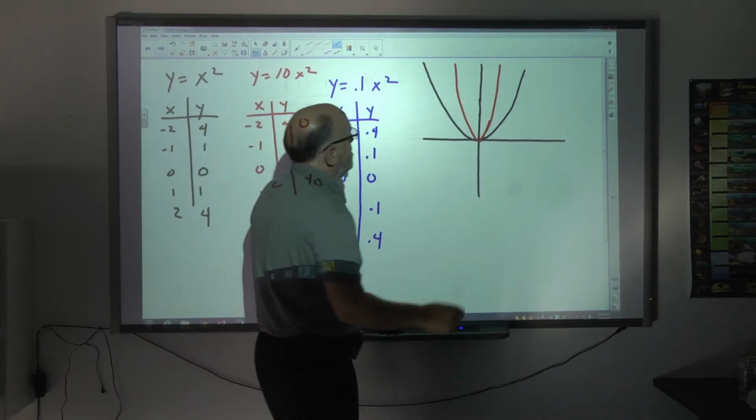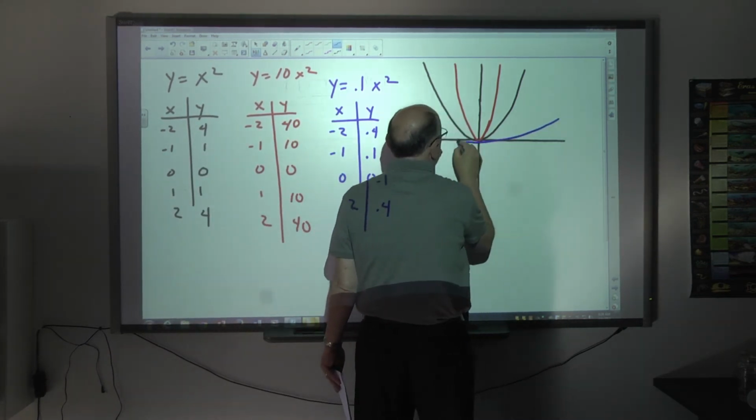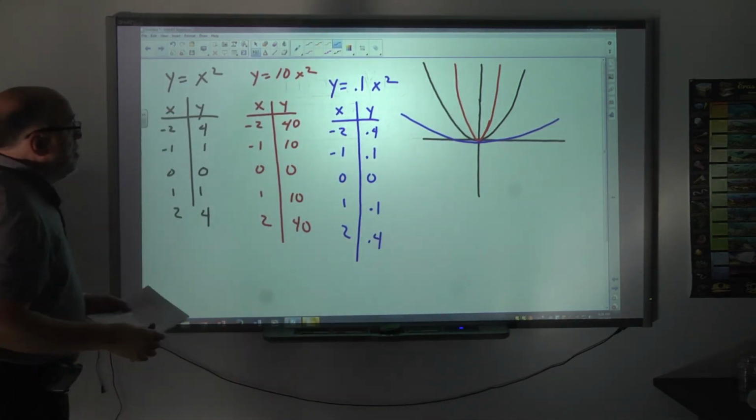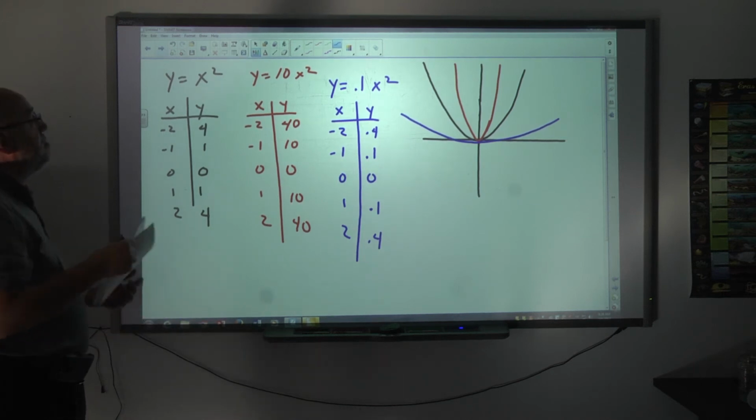This has the effect of widening out that curve, something like that. So the number I multiply in front will have an impact on what the curve looks like.